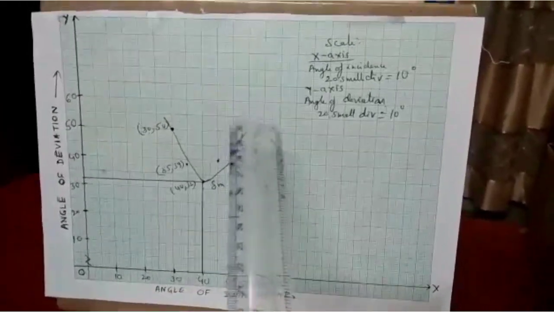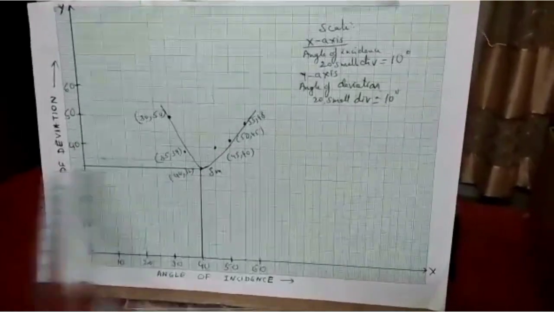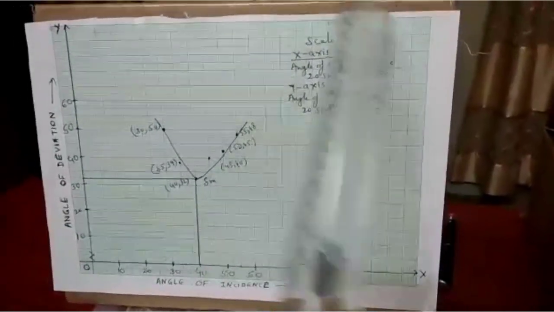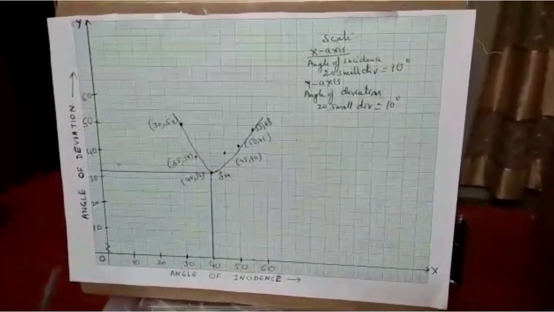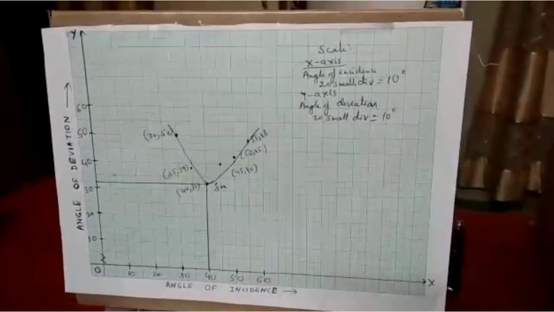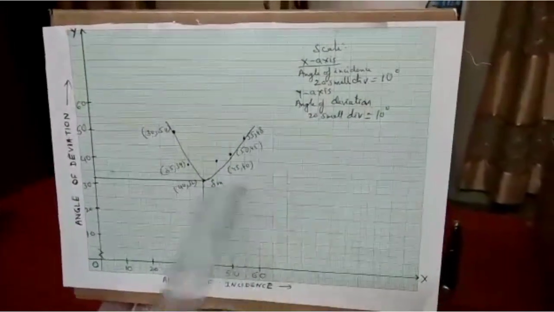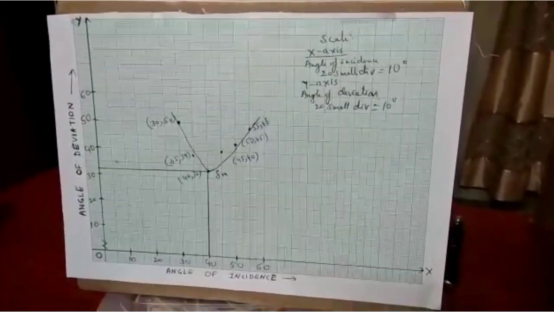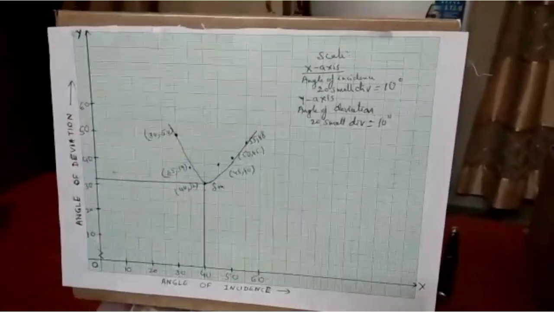If some point is missed, there is no problem. So this is delta minimum, the minimum deviation, you can see. And the scale I have taken here is 10, 20, 30, 40. Here also 10, 20, 30, 40, I could take because I had a big graph sheet, and I have written the scale here. So in this way I have determined the angle of minimum deviation of this prism.